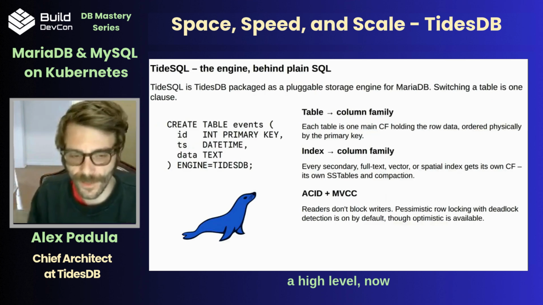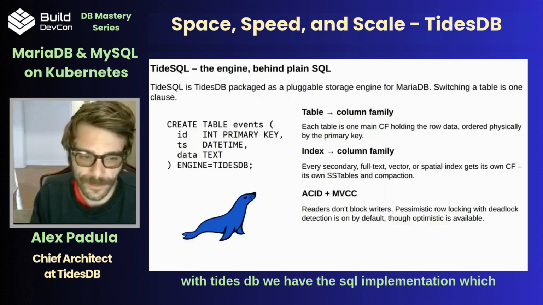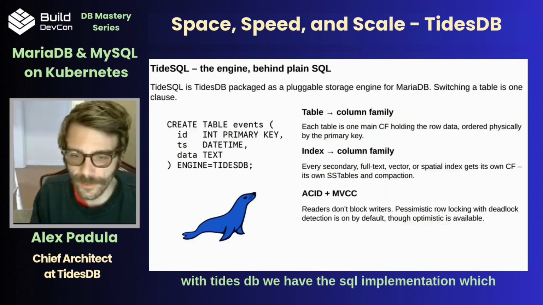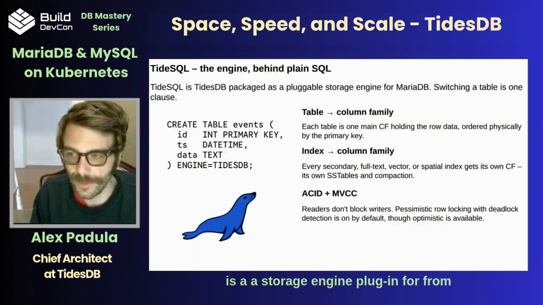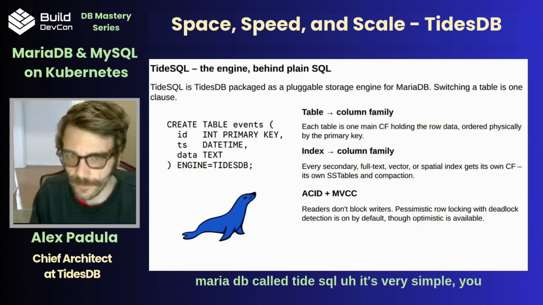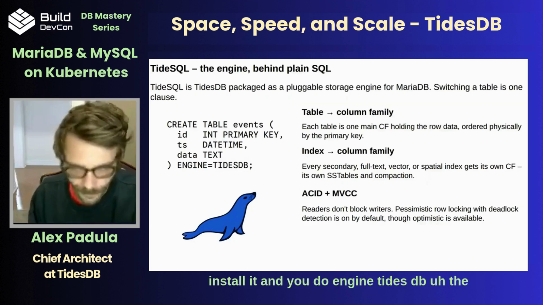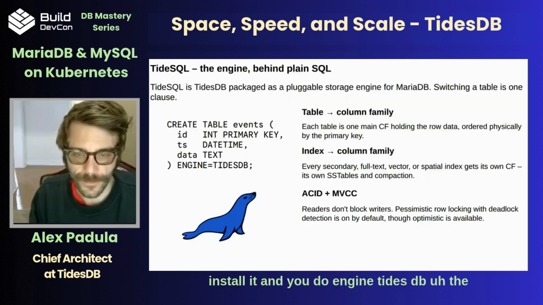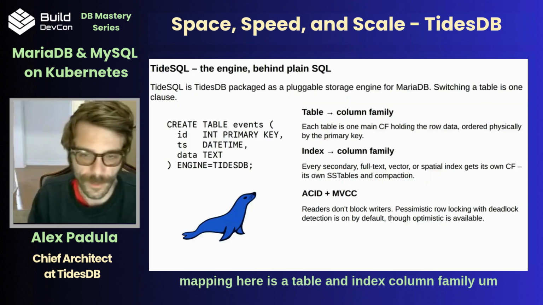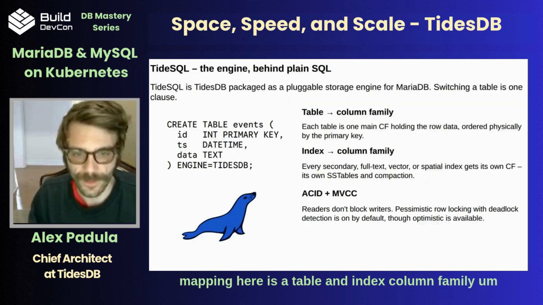Now, with TidesDB, we have the SQL implementation, which is a storage engine plugin for MariaDB called TidesSQL. It's very simple. You install it, and you do ENGINE=TidesDB. The mapping here is a table, an index, a column family.